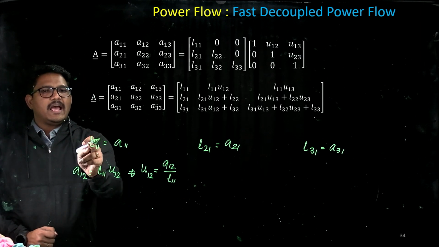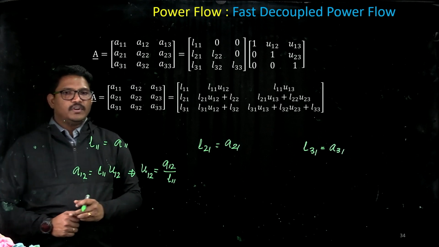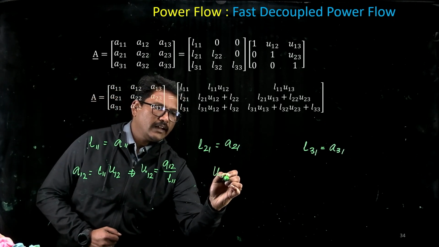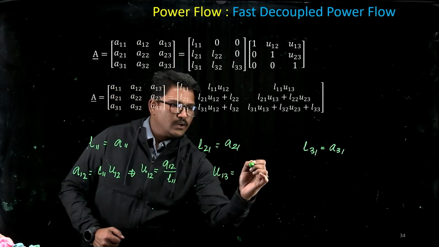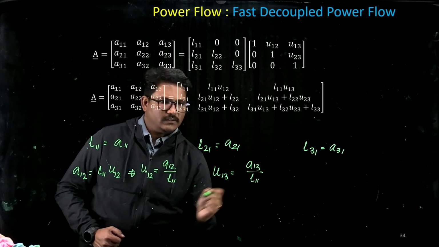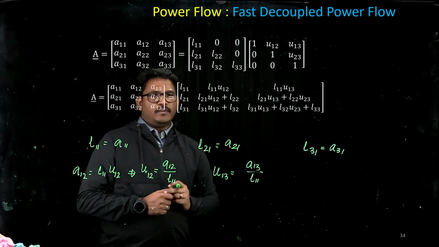You already have the value of L11 and you can substitute and get the value of U12. Similarly, you can also get your U13 as your value of A13 upon your value of L11. So that's where you'll be able to get the value of U13.